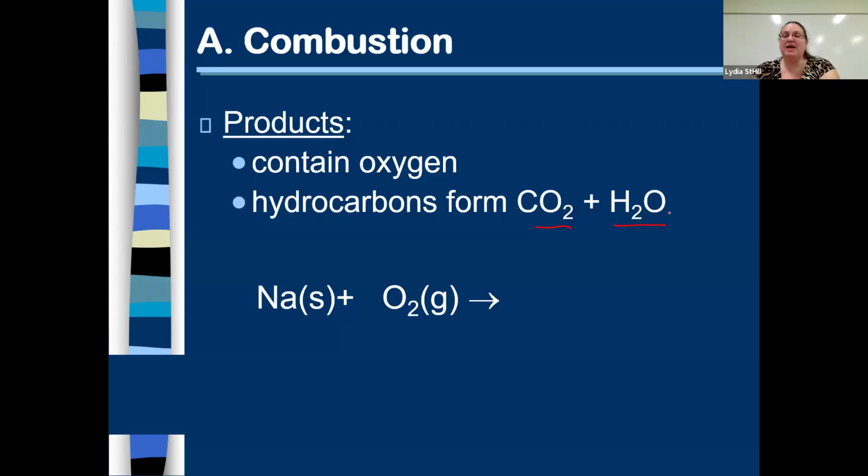Now, we have to understand that Na initially has a charge of 0. Why? Because it's in its elemental form. The only time something takes a charge is when it has formed an ion, when we're talking about something in the metal, non-metal category, and so something had to have lost or gained electrons.